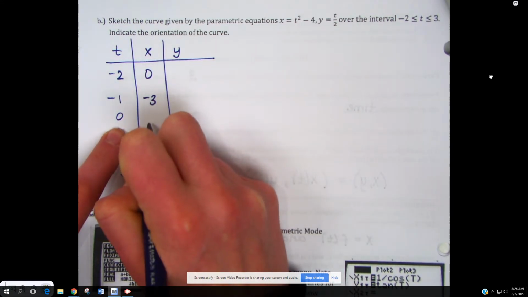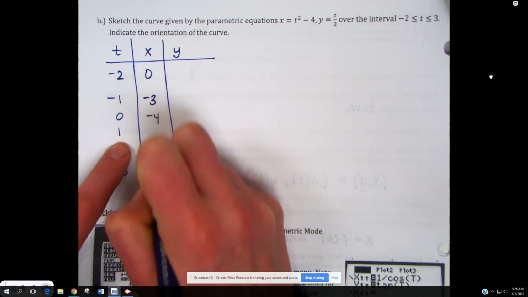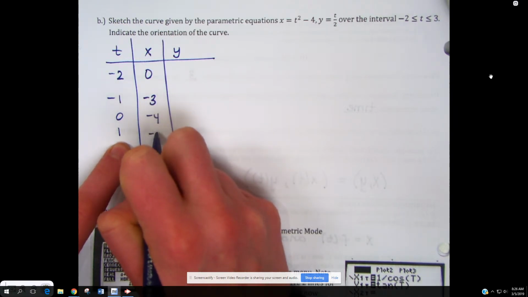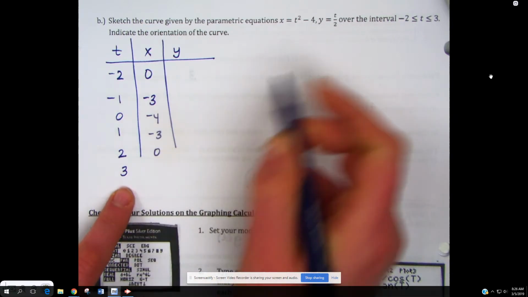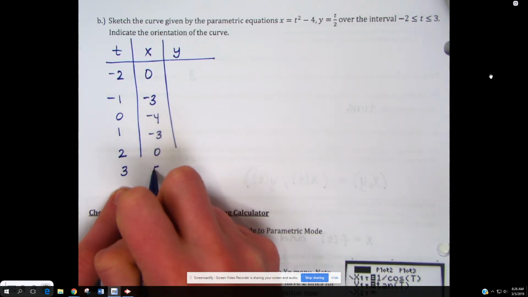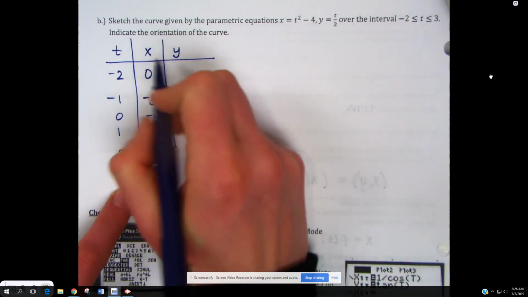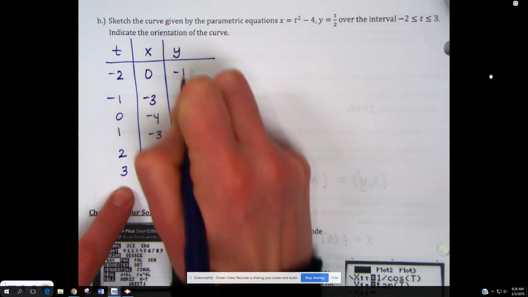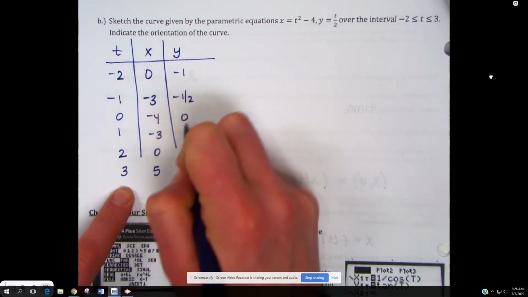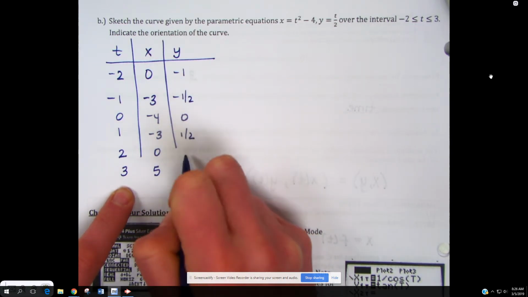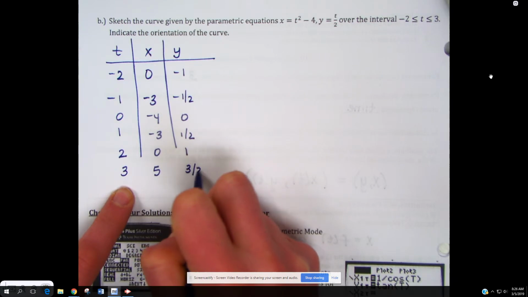I'm going to just fill in the chart rather quickly. All of these values are just from plugging the values into the original function. And likewise here, I'm plugging into the T over 2. So I'll get -1, -0.5, 0, 1/2, 1, 3/2.